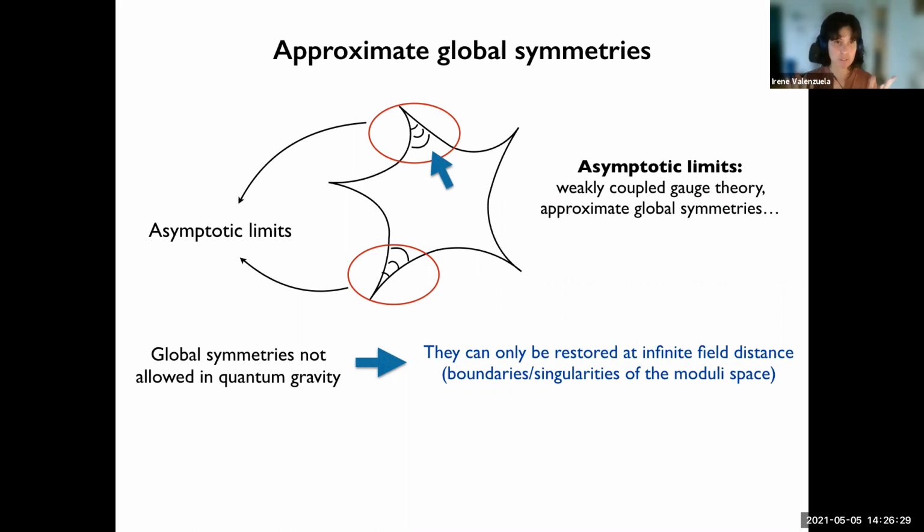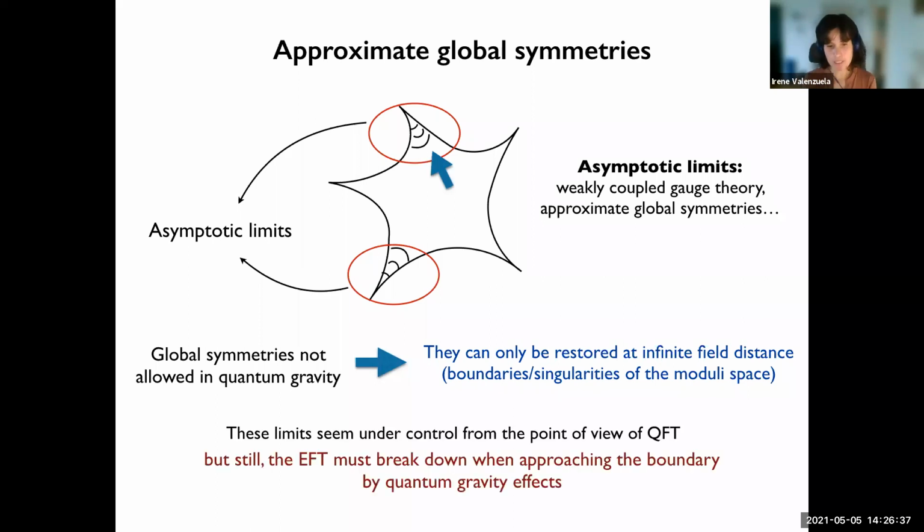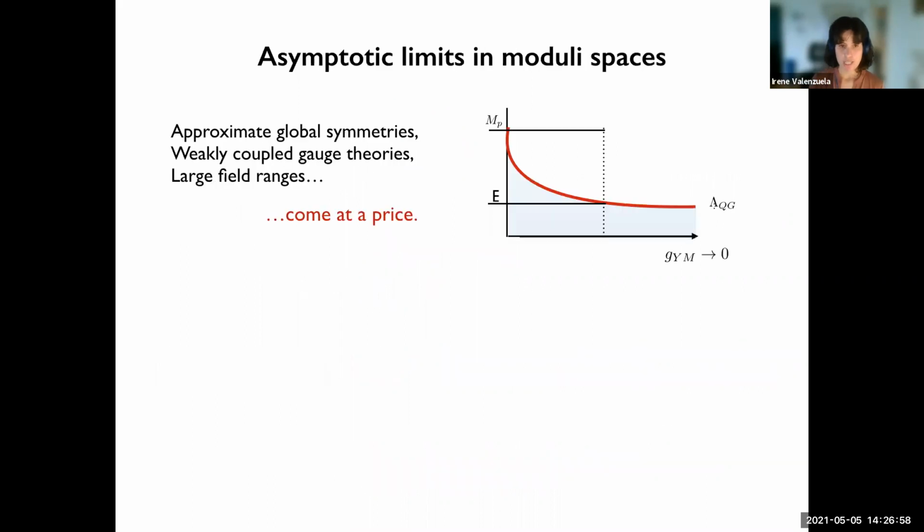And this is good for quantum field theory because it's precisely the regions in which we have perturbative control and we know how to compute things. But according to quantum gravity and this no global symmetry conjecture, something should go wrong if you try to approach those boundaries. So if you are able to reach that limit in a continuous way, you should be able to see how the effective field theory is breaking down when you try to restore the symmetry.